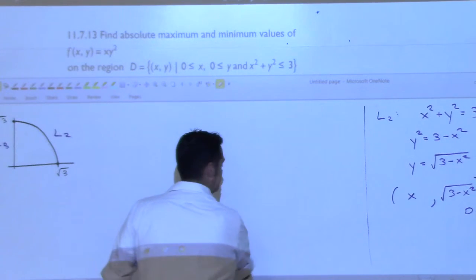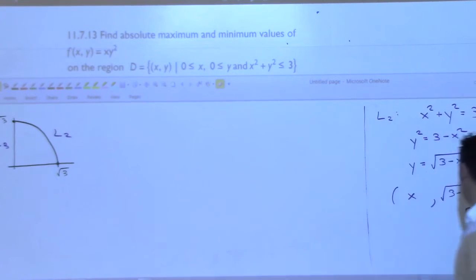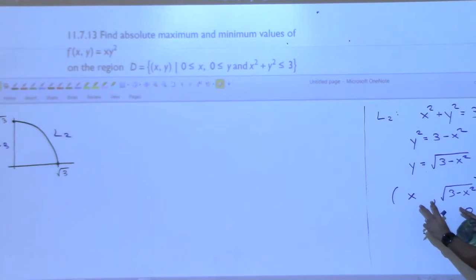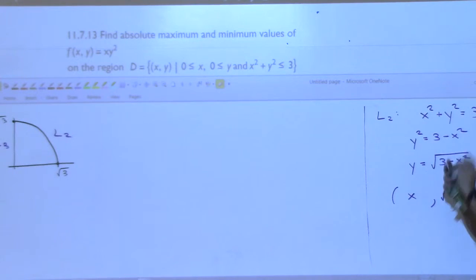So now what do we do? This is the template of what our points look like. We want to now map them into the surface, so plug them into the function of two variables.